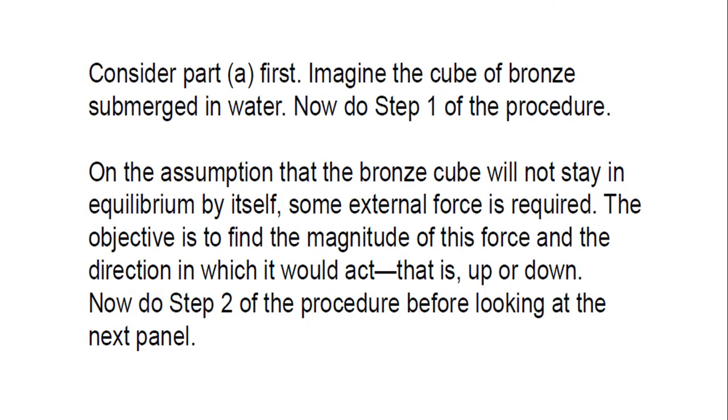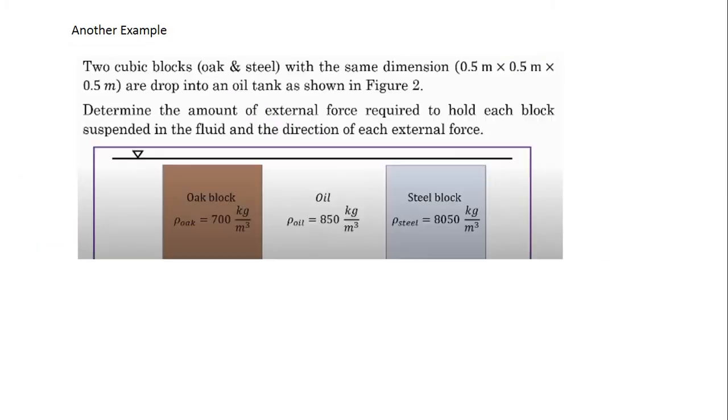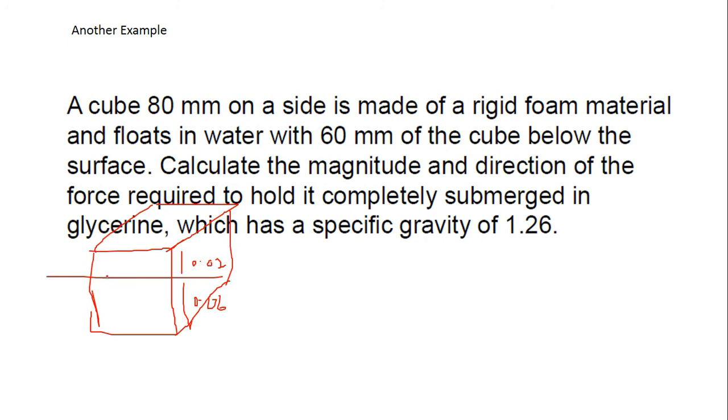So goes back to your problem tadi. Now you have the object floating with 0.06 underneath. They give you the rho of the fluid, so you have this 1.26 kan. So SG, kalau nak cari rho, just times the rho of water 1000. 1.26 times 1000 will give you the rho of the fluid, which is 1260 kilogram per meter cube.